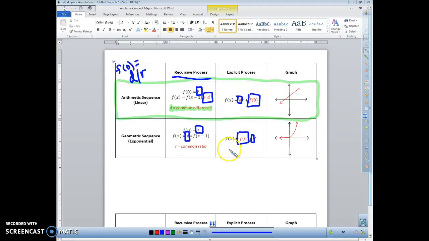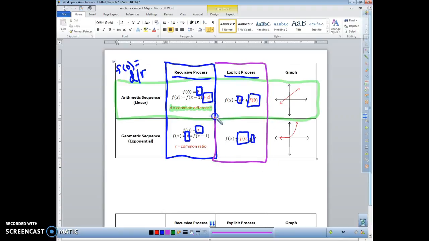After you have boxed these values, I really want to point out how this chart works. This is the recursive process for arithmetic and geometric sequences. This is the explicit process for arithmetic and geometric sequences.